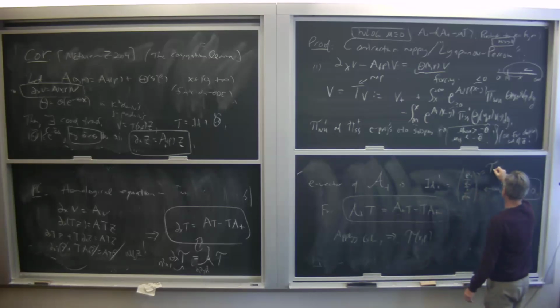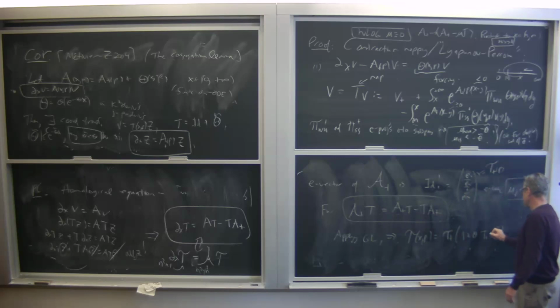This is T plus of P. T of x, p is T plus times 1 plus order of T plus e to the minus theta tilde x.